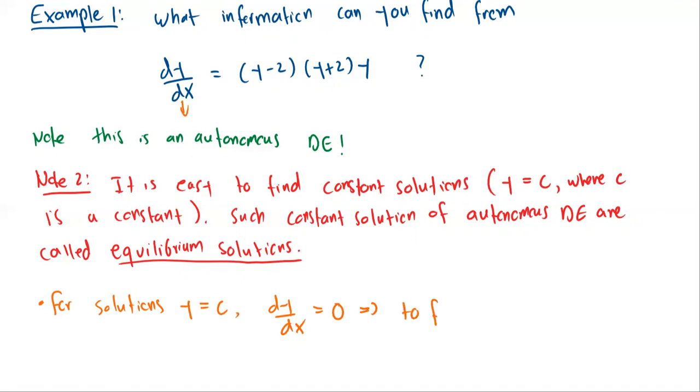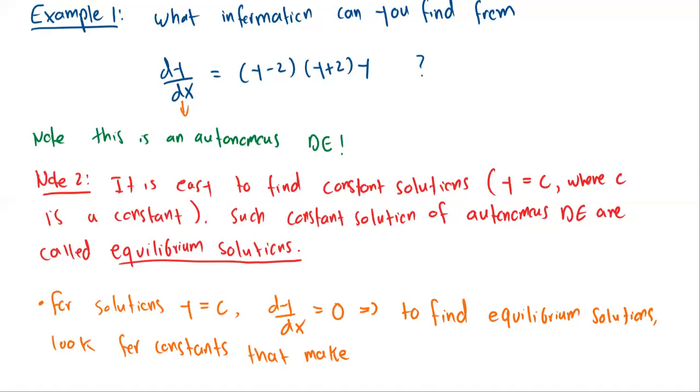So to find equilibrium solutions, look for constants that make the right-hand side equal to 0.